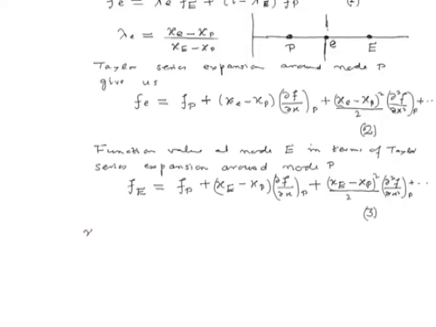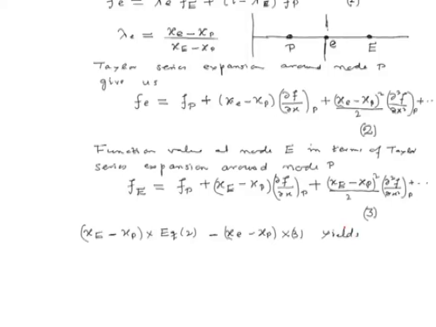So, x capital E minus x P times equation 2 minus x e minus x P times equation 3.